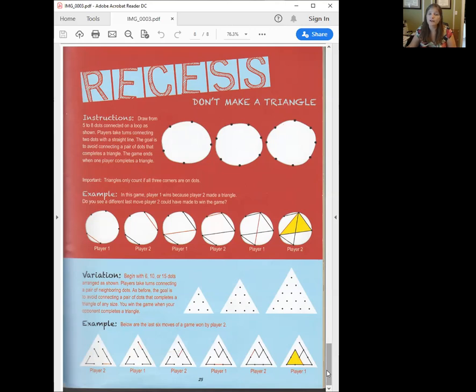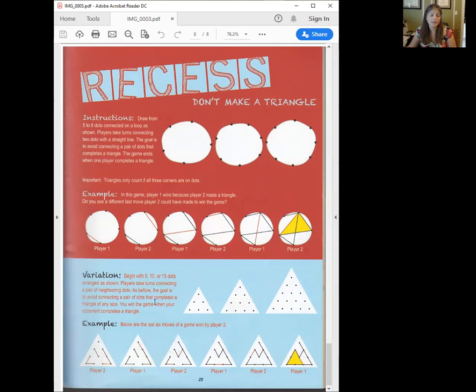Important, triangles only count if all 3 corners are on the dots. So you can make little triangles where lines crisscross, like in player 1 here, but you can't make a triangle out of 3 dots. So try it with various numbers on a circle, and then a variation begins with 6, 10, or 15 dots arranged in triangles. 6, 10, and 15 are triangle numbers.